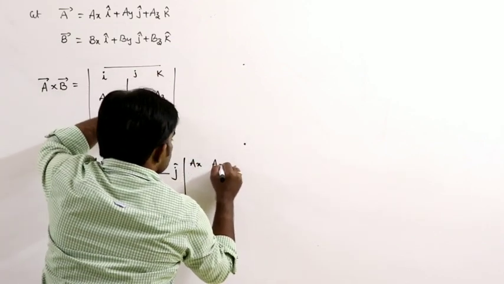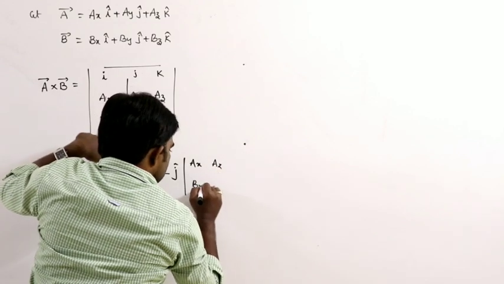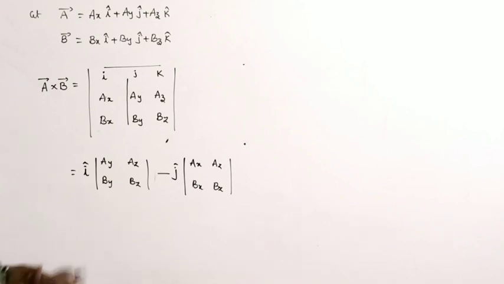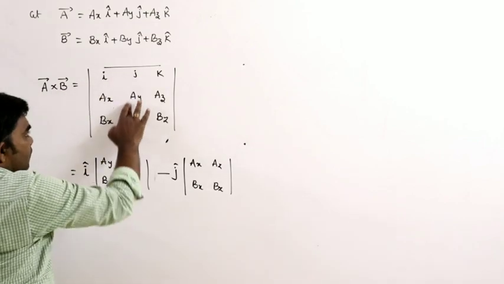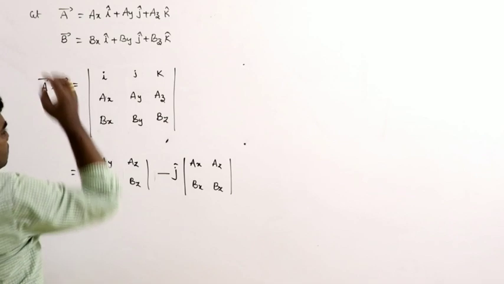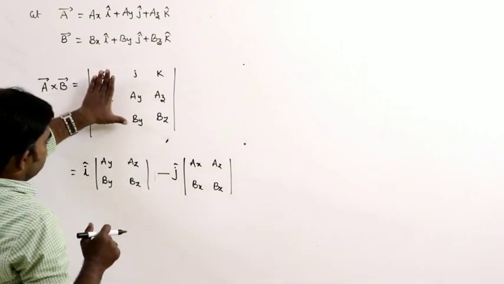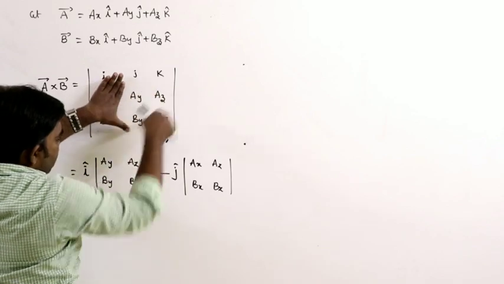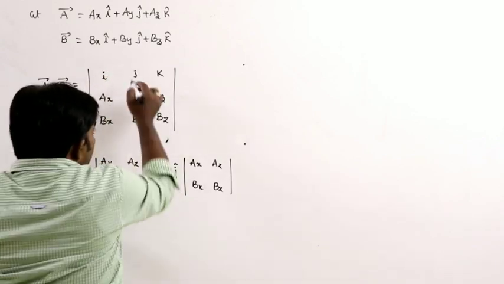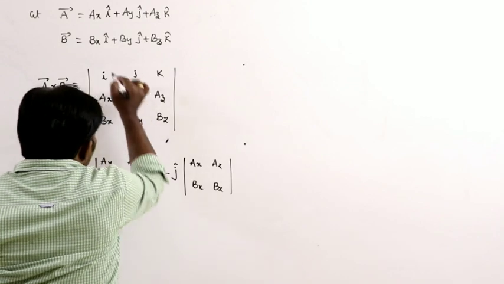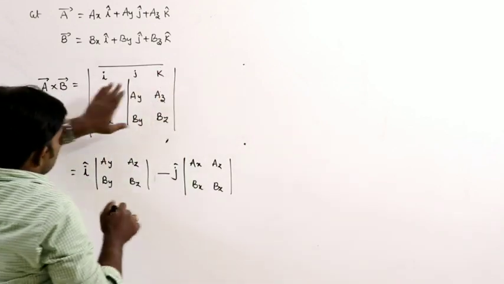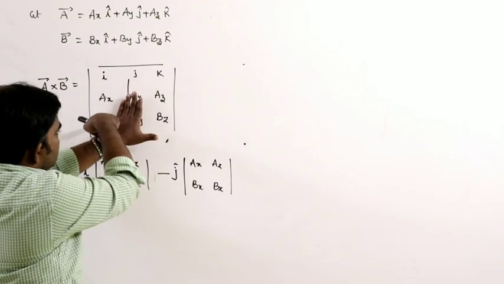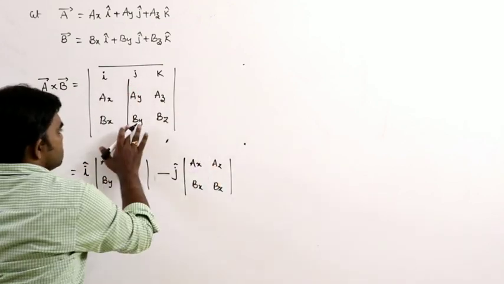Ax, Az, Bx, Bz. To calculate the j multiple, forget about this column and this row. We write the remaining values like this: Ax, Az, Bx, Bz.